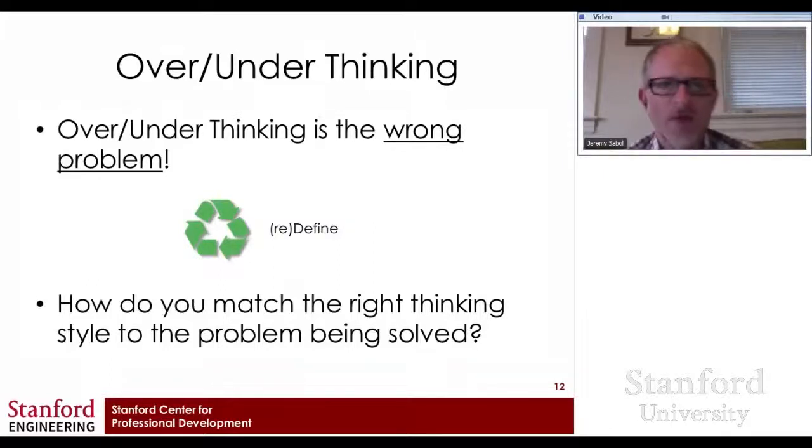It's the wrong way to think about this. What we should be trying to figure out is how do we match the right thinking style to the problem being solved? What is the problem that we're worried about? And how can we identify the right thinking style that will help us achieve the kind of outcome that we need?